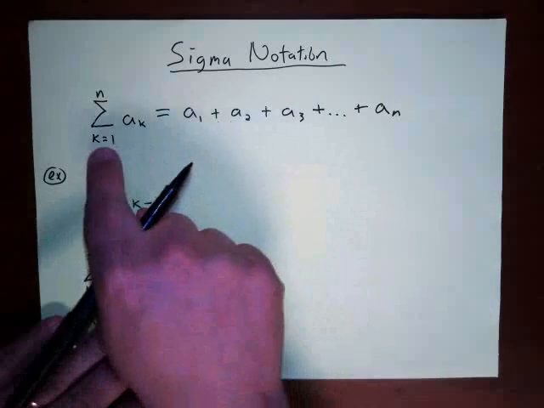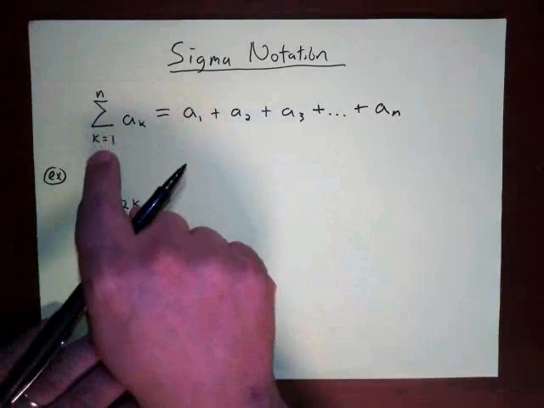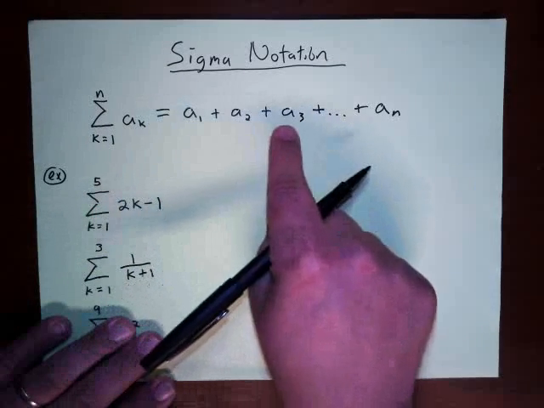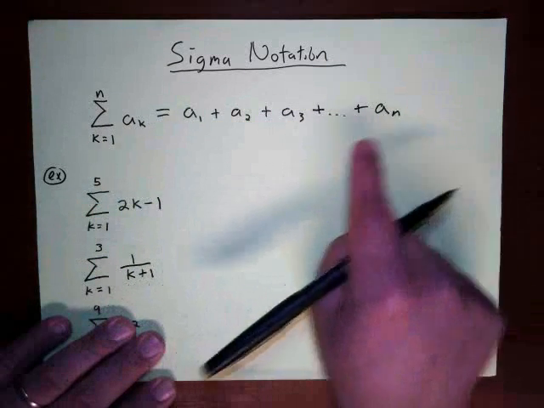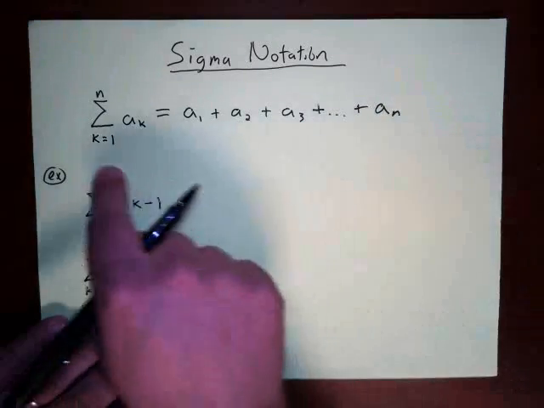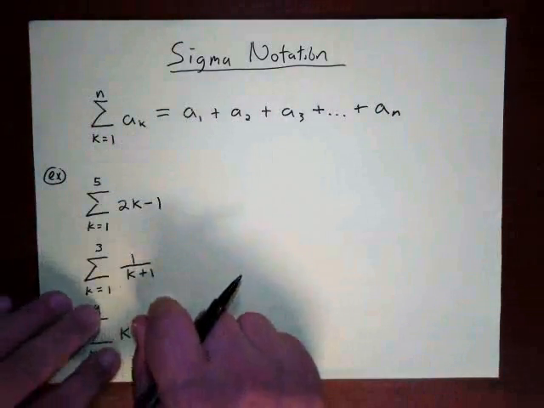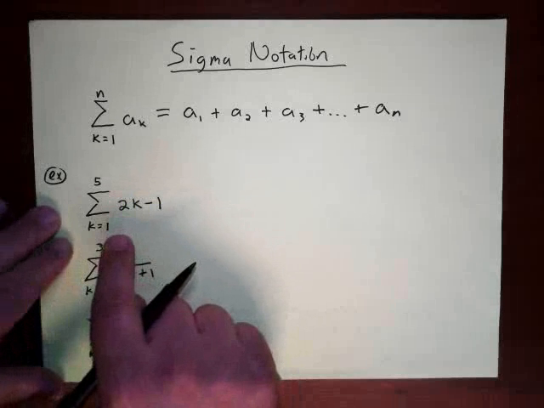So when you go from k equals 1 to n, you're taking term 1, 2, 3 on up to n, and then adding all those together, and that's what this sum expresses. I think the best thing to do is just show you some examples.